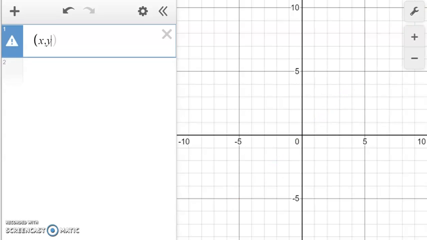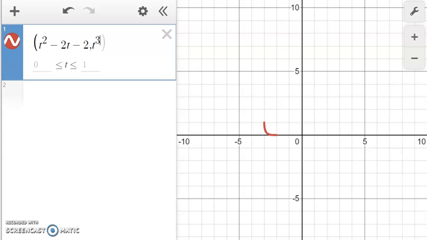We just have them in terms of t. So what is the x value in terms of t? Well, that was t squared minus 2t minus 2. That was the x value that we were given. The y value was t cubed minus 3t.